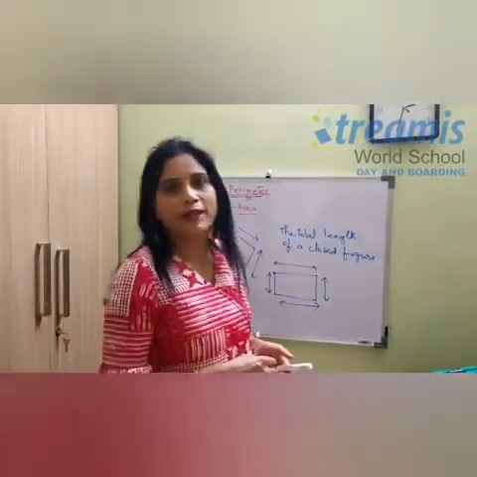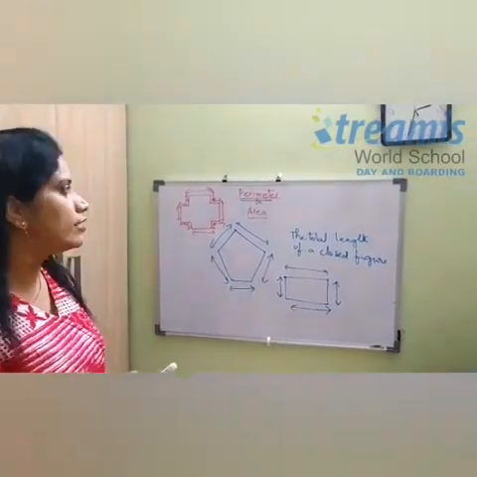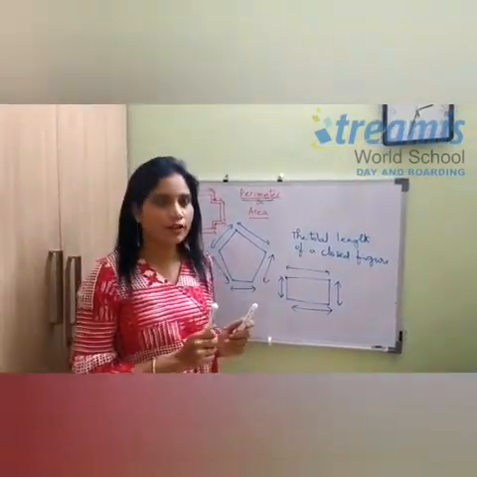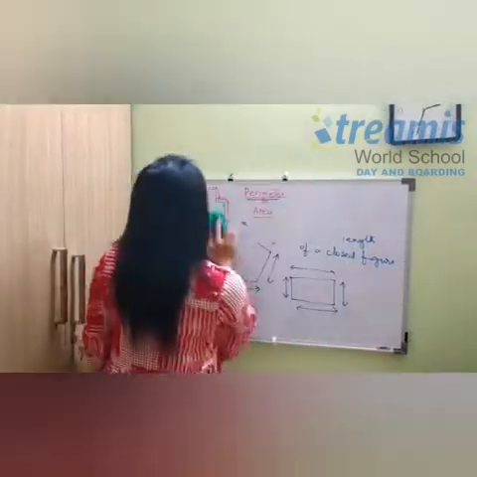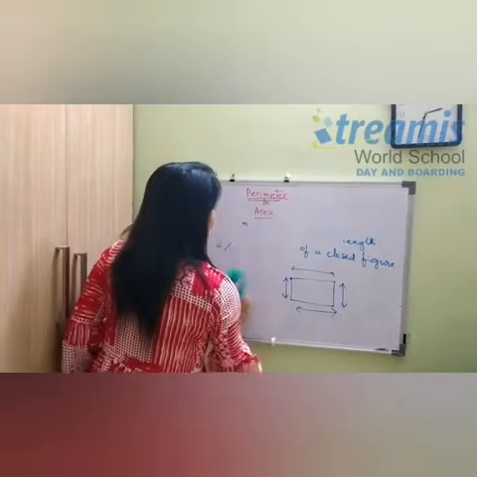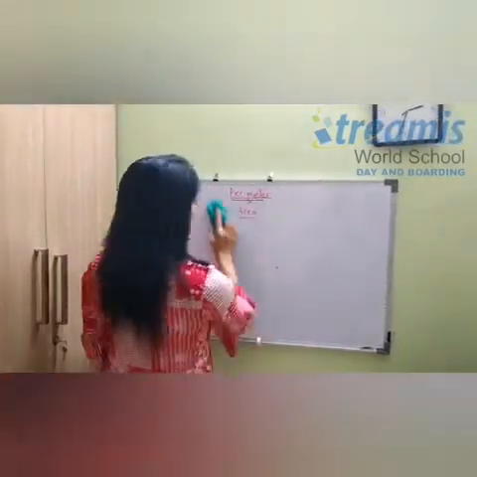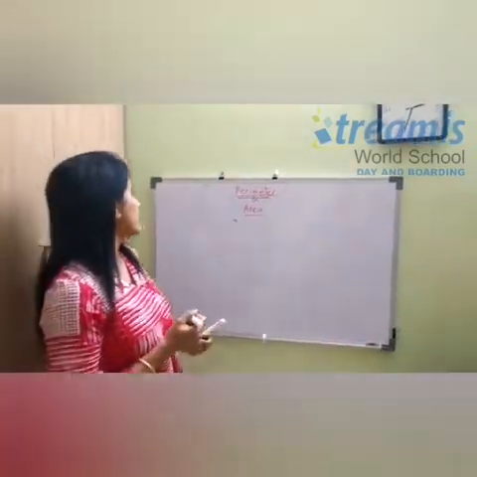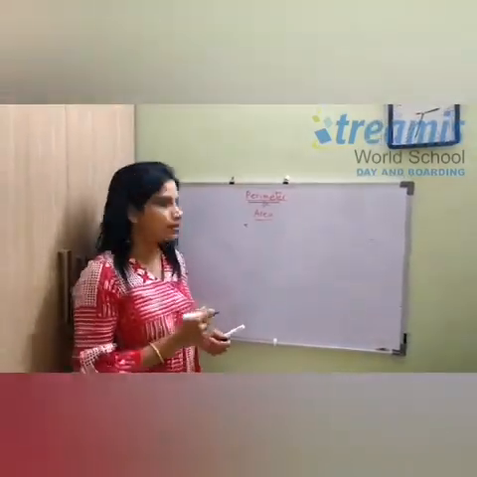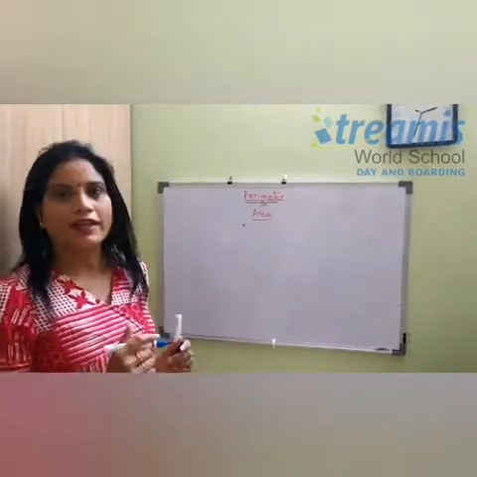So when we look at the perimeter of a regular polygon, polygons are of two types, regular polygons and irregular polygons. Now let us see about them. See here, a regular polygon is a polygon which has all the sides equal in length.